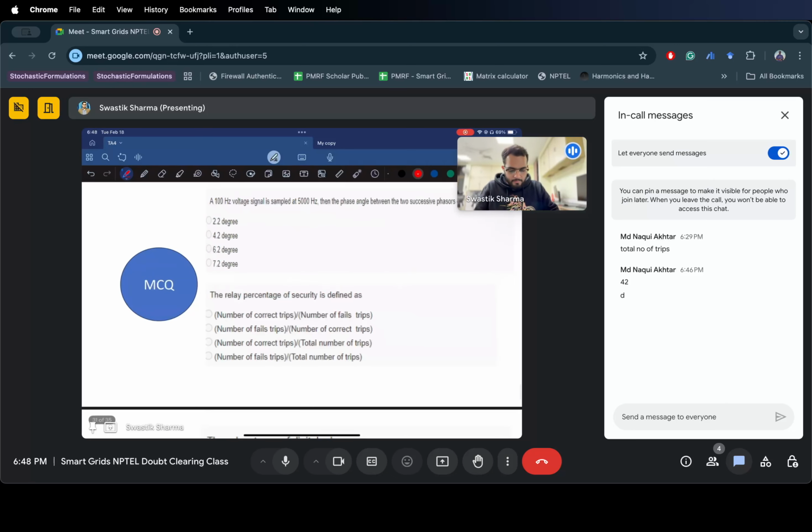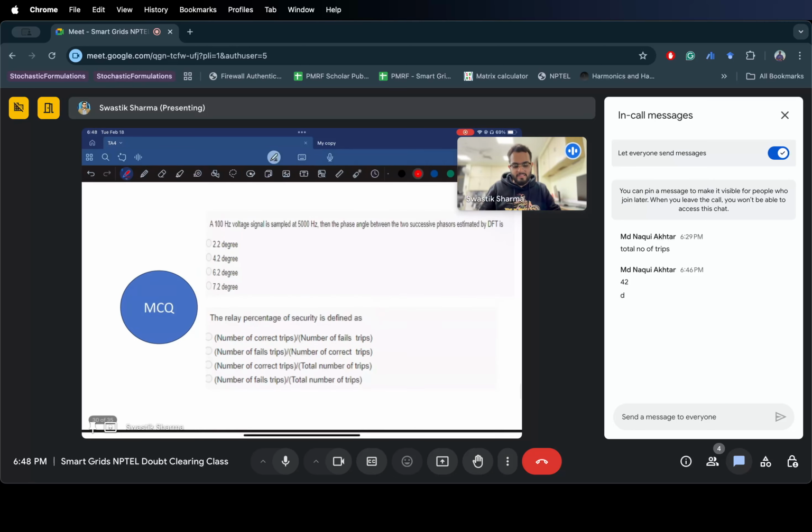Right, and next, a 100 hertz voltage signal is sampled at 5,000 hertz. Then the phase angle between two successive phasors estimated by DFT is. Who can answer this question? Very easy. Let's assume that this signal is 100 hertz, right? And it is sampled at 5,000 hertz.